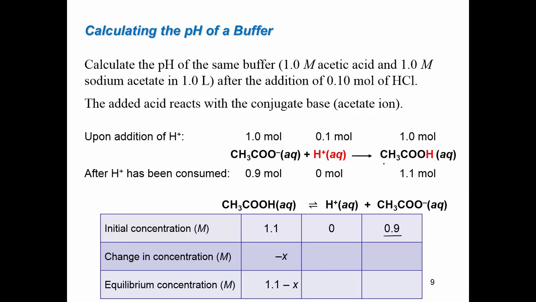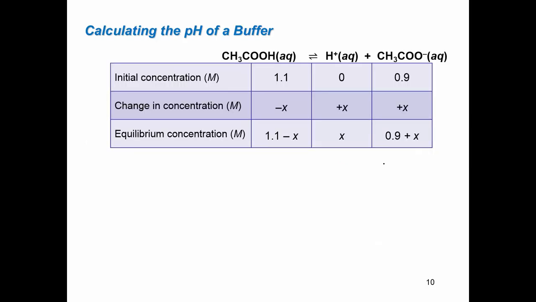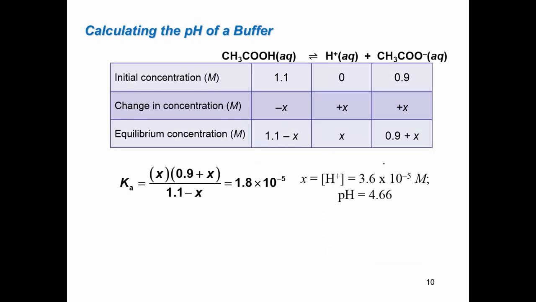We are still going to be removing some amount of our weak acid, X, and we will still be adding that amount X to both our hydrogen ion as well as our acetate ion. So then we do the very same calculation. Again, these calculations should look very familiar. And then we can calculate the X, but in this case, again, we can simplify because we are more than 1,000 times different here.